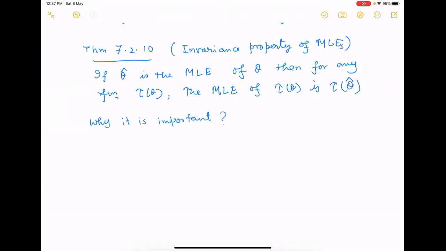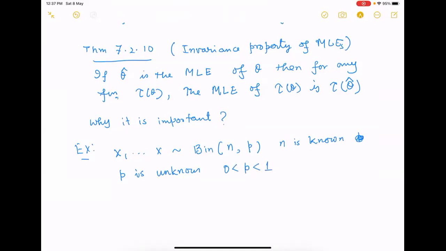Now imagine, suppose x1, x2, ..., xn follow some distribution, say binomial(n, p). Suppose n is known, p is unknown, and p lies between 0 and 1.